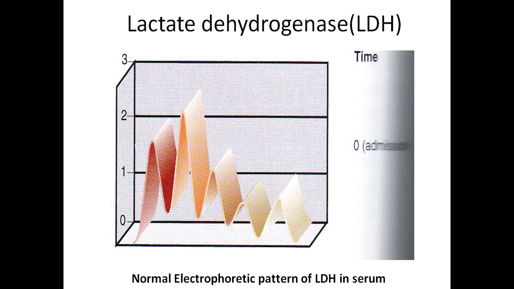From this graph you can see LDH2 is the predominant isoenzyme, then LDH3, LDH4, LDH5. This is the normal densitogram pattern of LDH electrophoresis in healthy individuals.